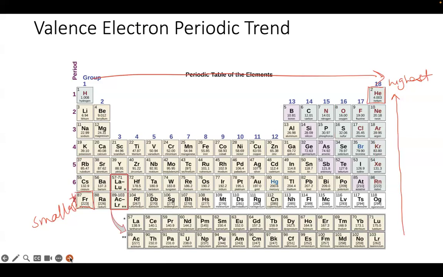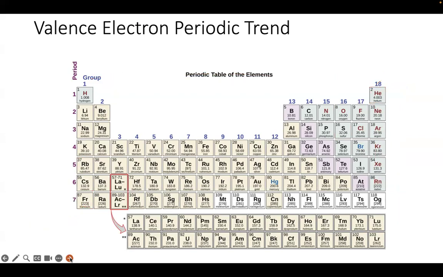All right, another trend is the amount of valence electrons. The amount of valence electrons is the number of electrons in the outer shell of the element. This trend corresponds a little bit with the groups.